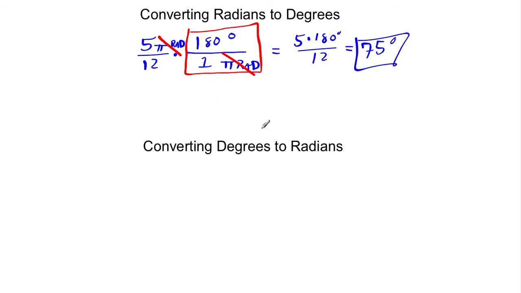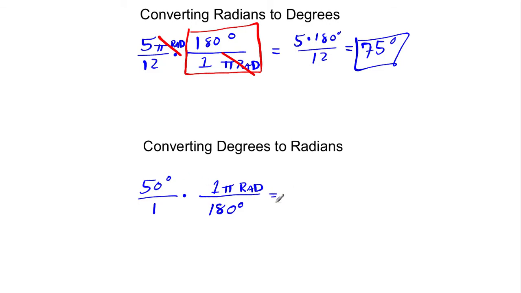Likewise, we can do the same thing for degrees to radians. So let's do something like 50 degrees. And our conversion factor this time has degrees here, so we need to put degrees in the denominator, and we put 1 pi radian in the numerator.